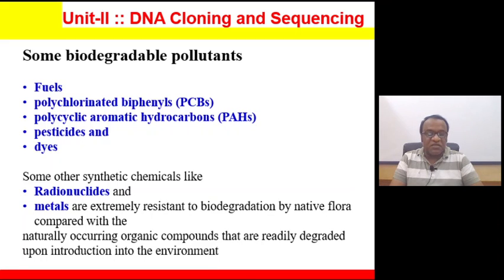So azo dyes are aromatic compounds, and we have seen the industrial segments, that is textile, rubber, paper, printing, photography, pharmaceuticals, cosmetics, and so on.